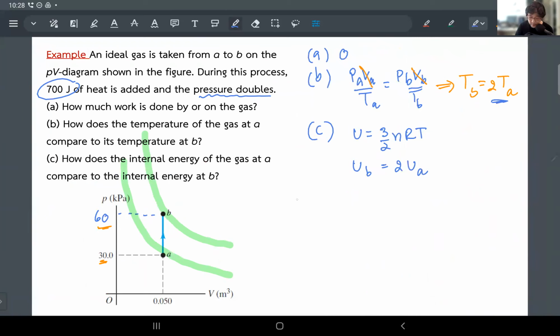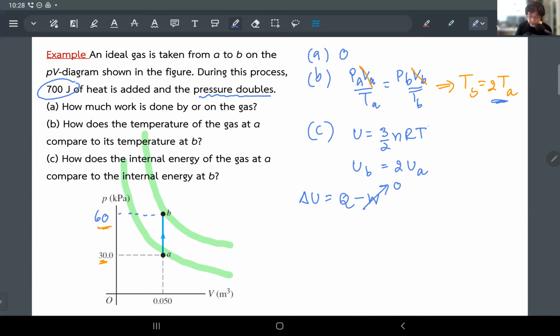From the first law, the change of the internal energy is heat minus work. In this case there's no work because volume does not change. So the amount of heat is automatically related to the change in the internal energy.